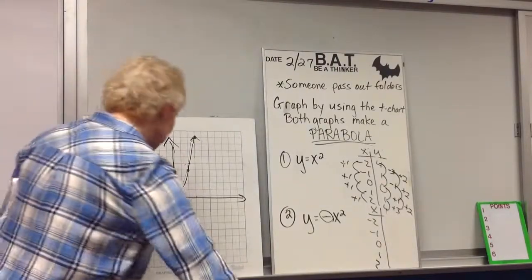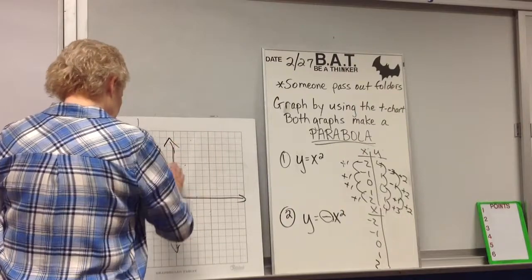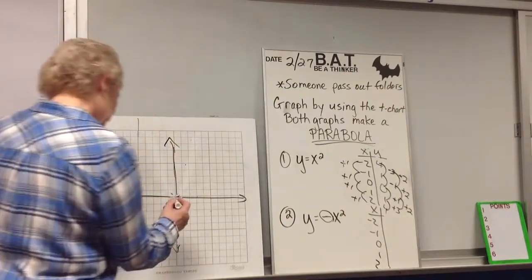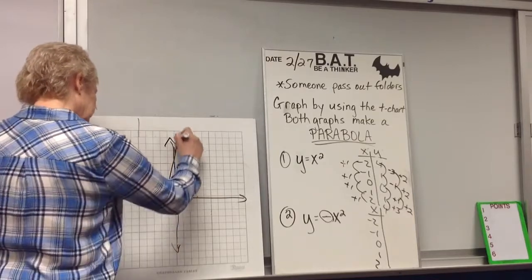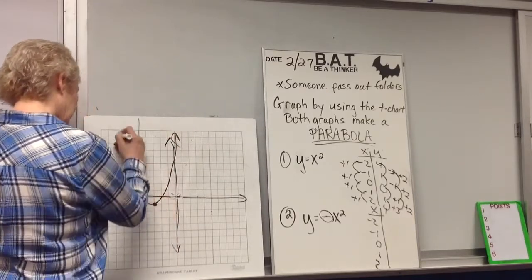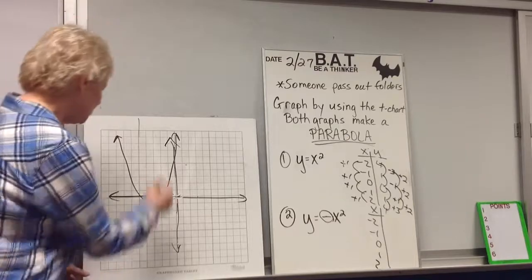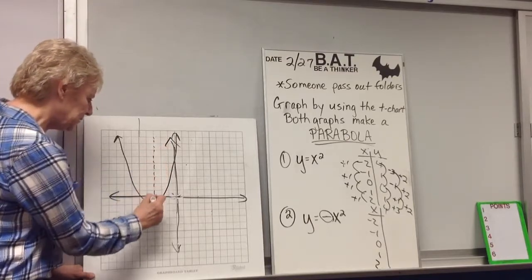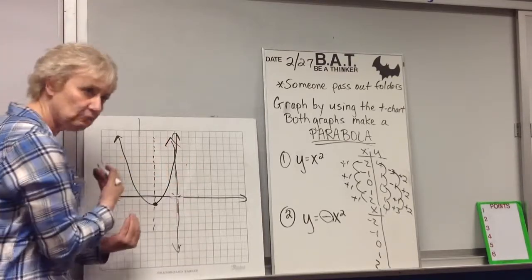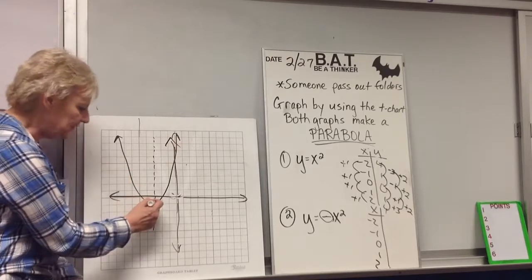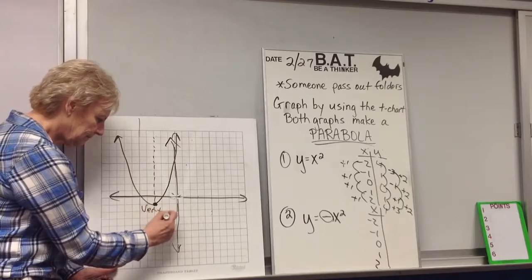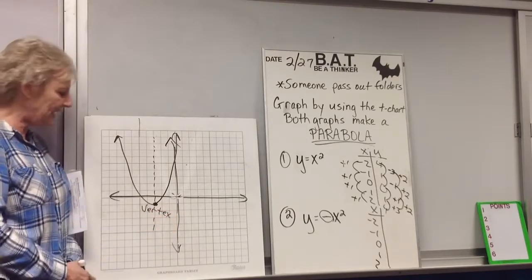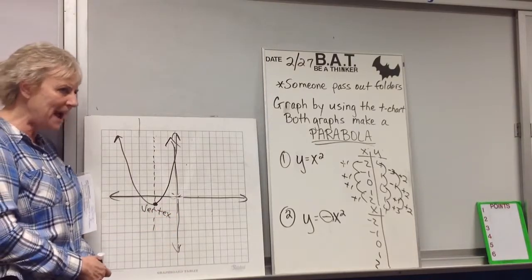Let me do one that's not on 0, 0. Let's say we have a parabola that goes to here. Somewhere there, somewhere there. Okay, this is my axis of symmetry, which means it cuts it right in half. All right, this is my vertex. Now, does this vertex have a minimum value or a maximum value?